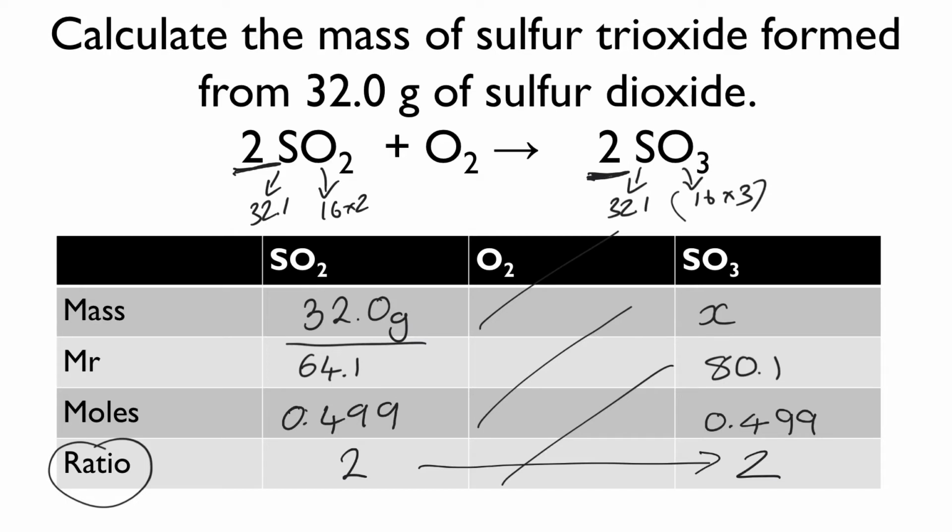And then to calculate the mass, you're just going to multiply these two numbers together. So you're going to times that by 80.1, which gives you 39.9875, which we're going to round to 3 significant figures, which is 40.0 grams. Okay?